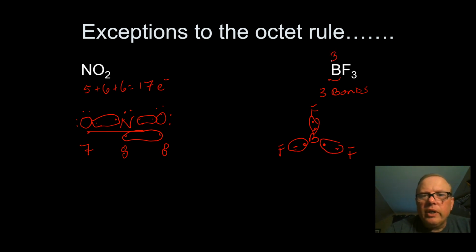Now it has 3 electrons. Each fluorine has 7, so that'll be 21 electrons for 24 total. And each of the fluorines will have a stable octet, and the boron will be satisfied with 3. So boron, 3 bonds, and that's the way it is. Boron never wants to have an octet. It only makes 3 bonds like that.